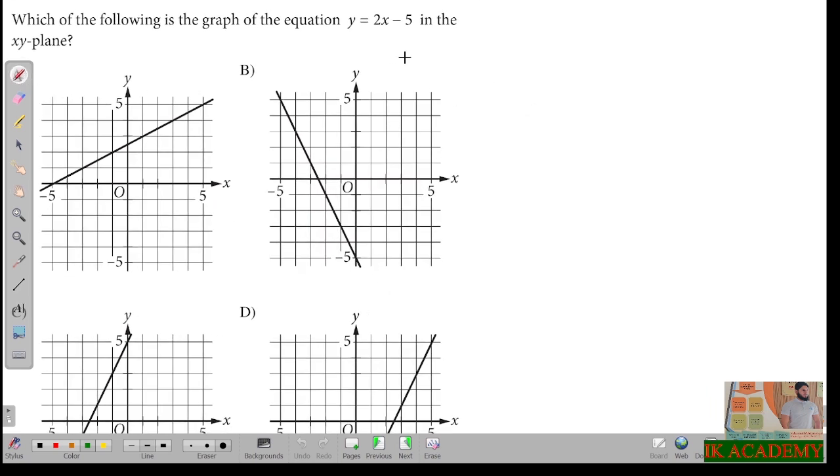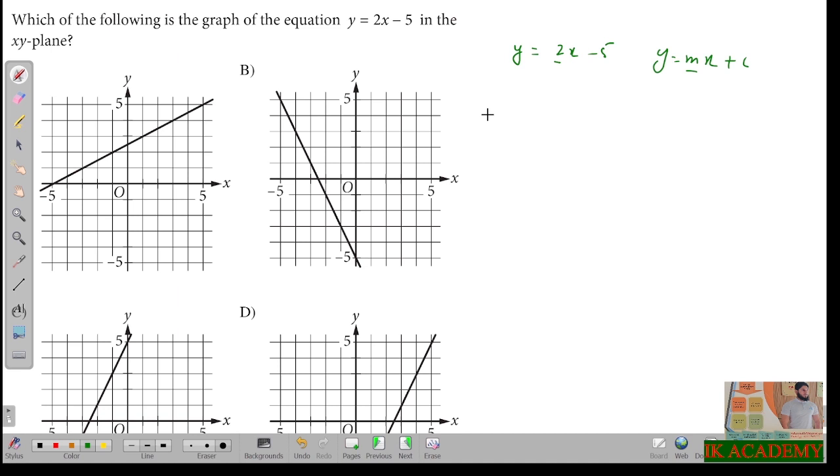If I see the equation, I have the equation y is equal to 2x minus 5. If I compare this equation with the slope intercept form, which is y is equal to mx plus c, it means m is the slope of the equation. Here 2 is the slope.